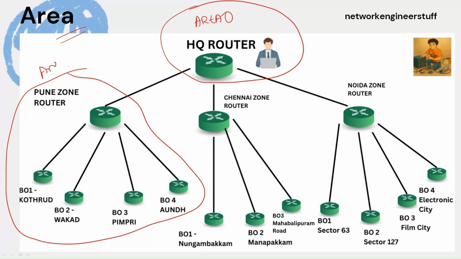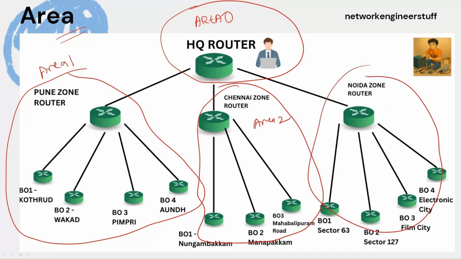So this will be in area 1. Chennai zone will be, let's say, in area 2. Noida, let's say, will be in some other area, area 3. Likely we will be having other areas also, like area 4 for another zone. There will be some other zone, let's say in Mumbai, so it will be in area 5 and so on.